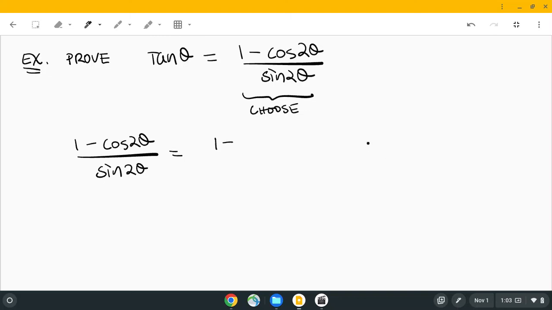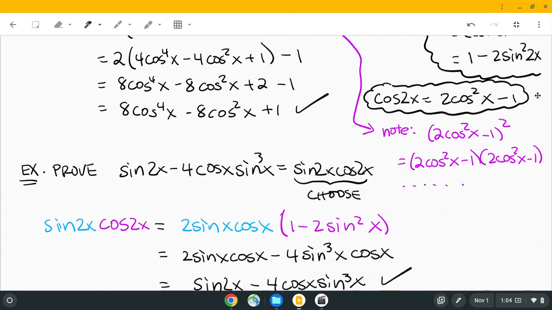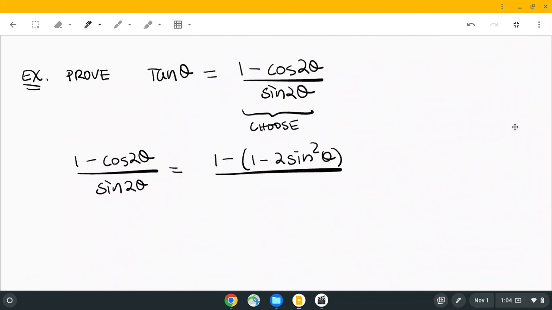So let's see what happens if I do that. That would be the third option, 1 minus 2 sine squared theta. Just double check. Yeah, 1 minus 2 sine squared. And sine 2 theta is just 2 sine theta cosine theta.